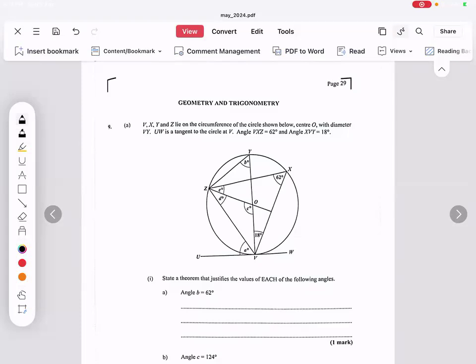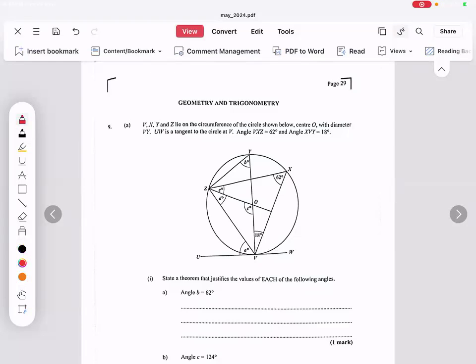All right, so V, X, Y, and Z are points on the circumference of a circle, shown below with center O, and with a diameter VY. It says UW is a tangent to the circle at V. Oh, sorry, I promised you that every time I read, I'll highlight the stuff.